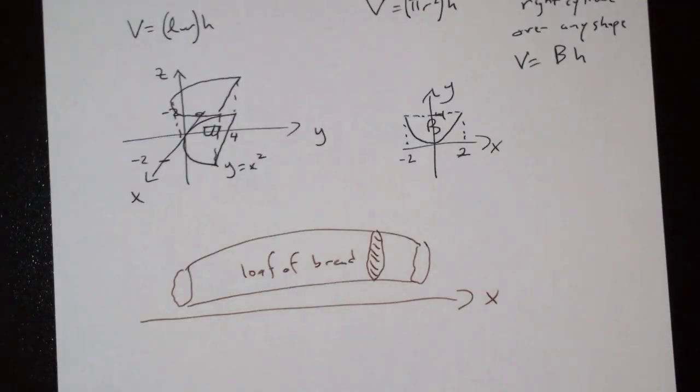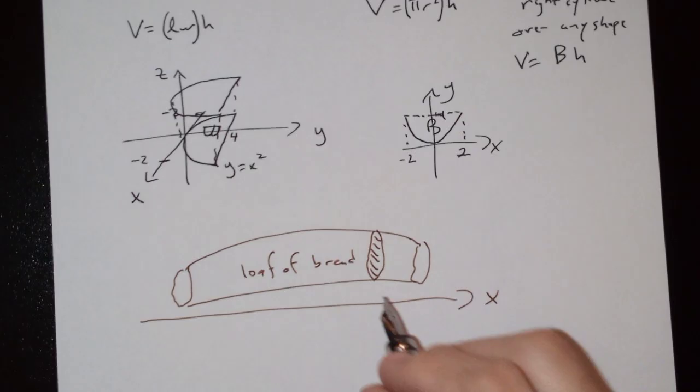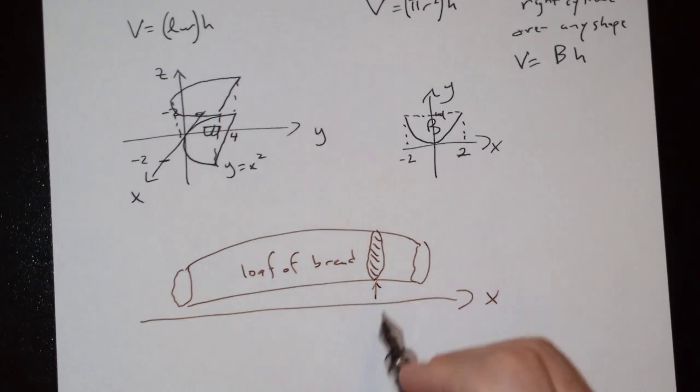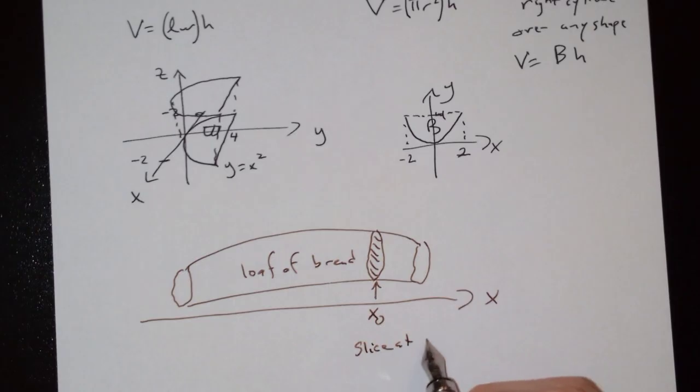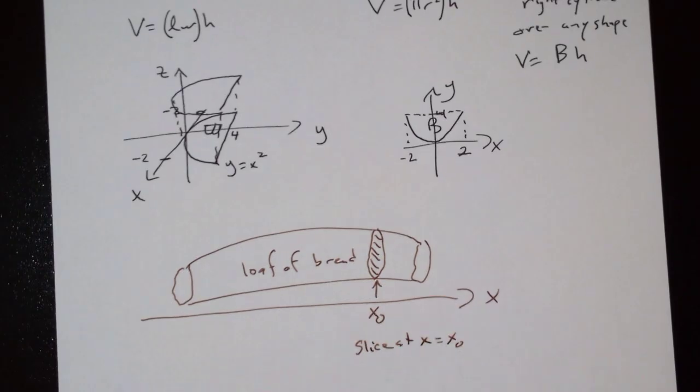This particular slice happens at some x value. And I might as well tell you where the edges of my bread are. The loaf of bread goes from x equals a to x equals b, start and end.